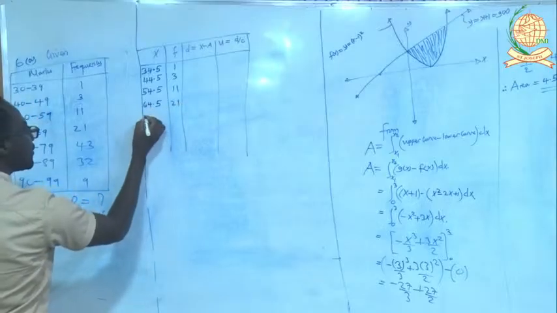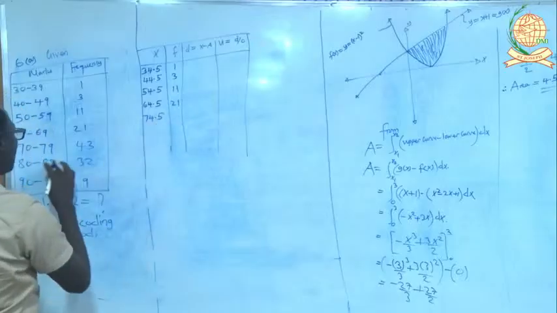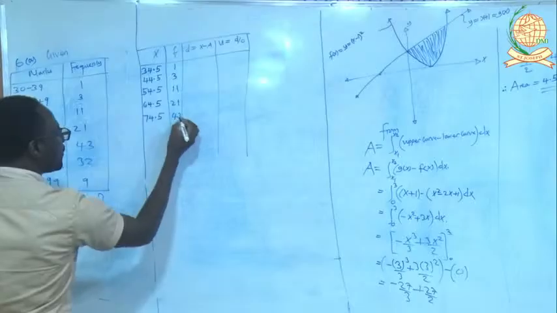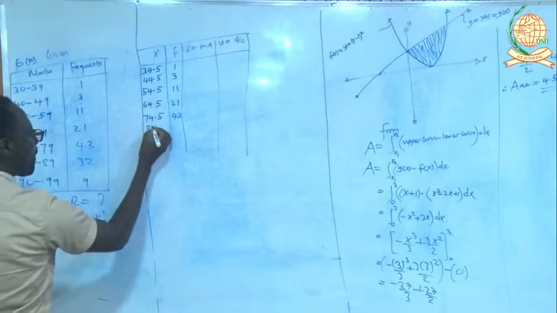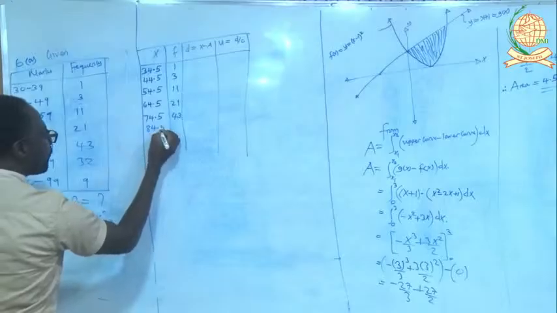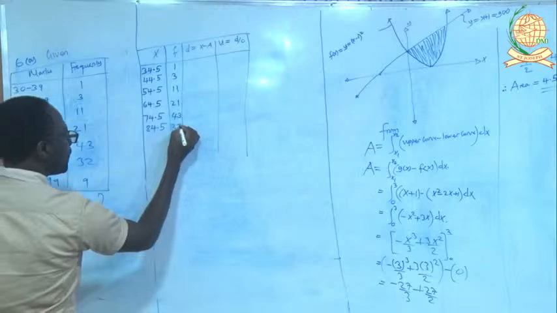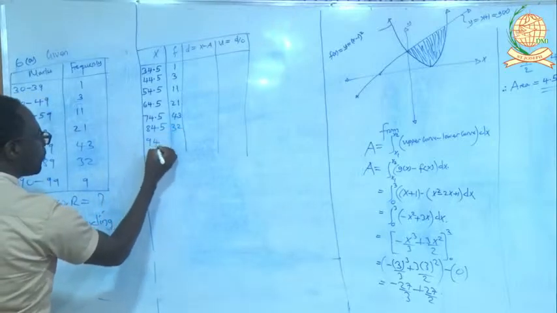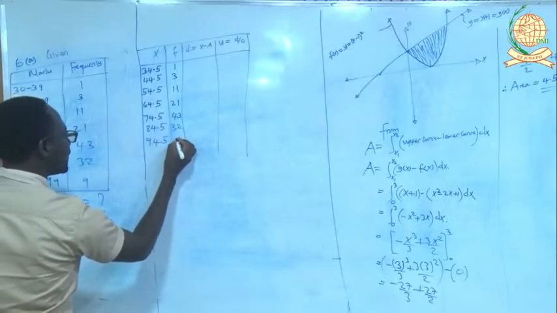Adding 10, it will be 74.5. The frequency is 43. Adding 10 again, we get 84.5. The frequency is 32. And lastly, if we add 10, we get 94.5, and its frequency is 9.